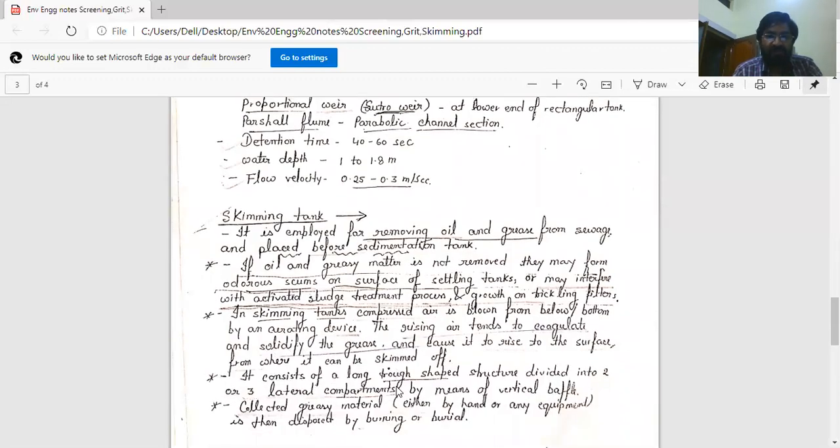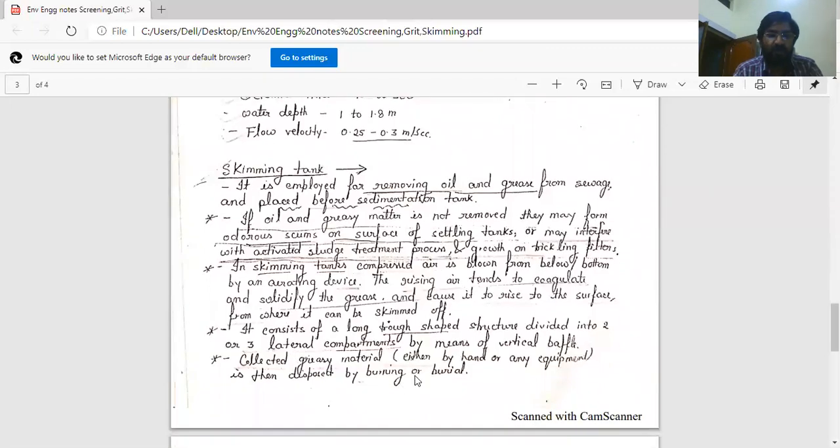The rising air tends to coagulate and solidify the grease, and it causes it to rise to the surface, from where it can be skimmed off. It consists of a long trough-shaped structure divided into 2 or 3 lateral compartments by means of vertical baffles or walls.